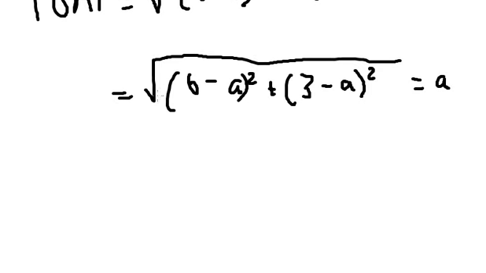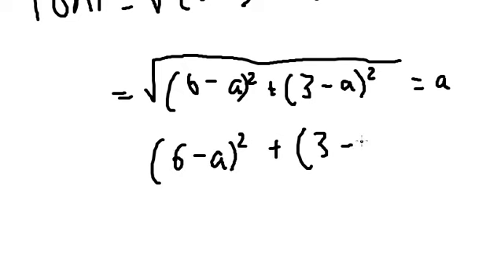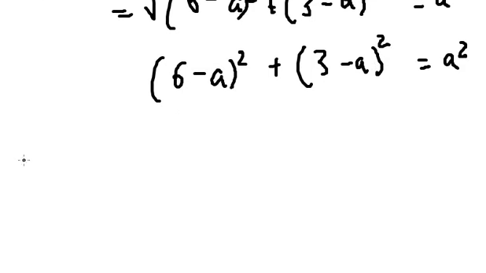Now we need to put the power of 2 on both sides to cancel the square root. Now we need to expand this one.